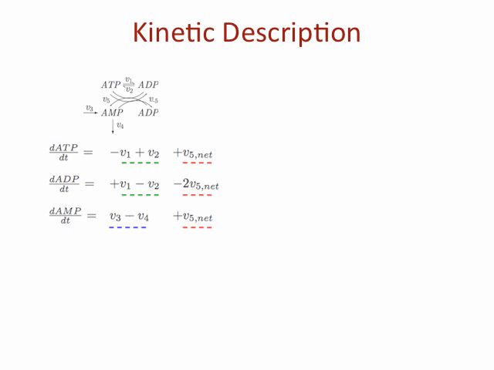Now let's look at the kinetic description of this system. What's shown here are the dynamic mass balances for the three concentrations involved in this little network: ATP, ADP, and AMP. The color coding, the dashed line under these reaction rates, designates the response times.